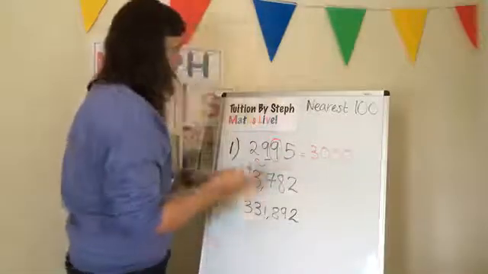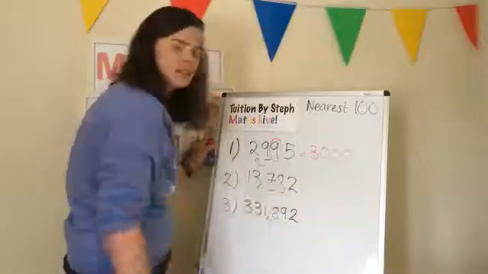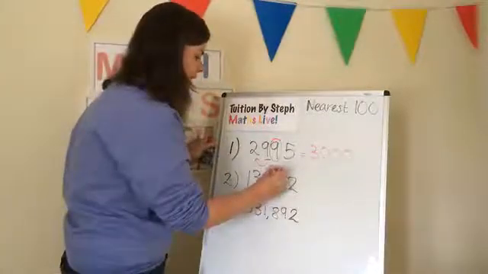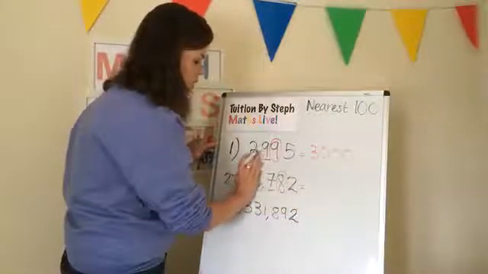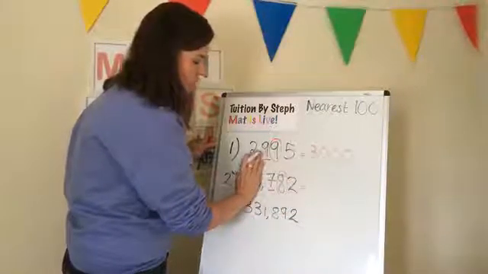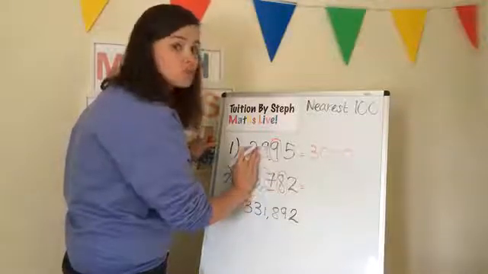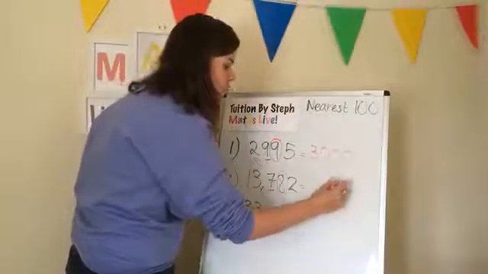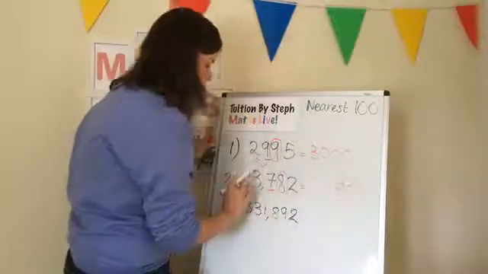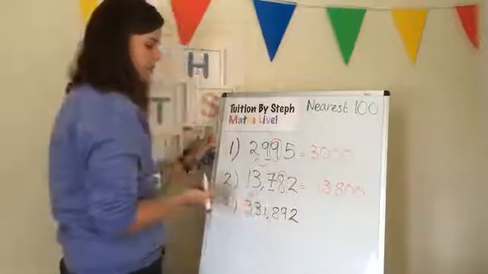Okay, 13,782. The 7 is the hundreds column, and it's the 8 that tells it what to do. Let's have a look. 782. We're in the 700s. The 8 tells us to round up, so we need to go to the next 100. The next 100 after 700 is 800. Don't forget the rest of the number, not being interrupted this time. That's exactly the same.